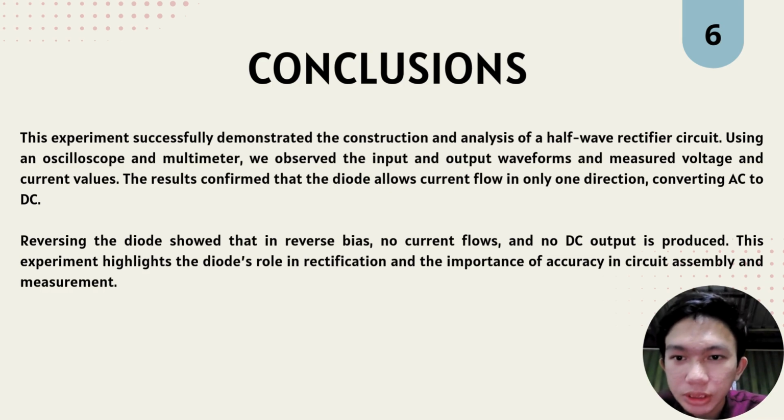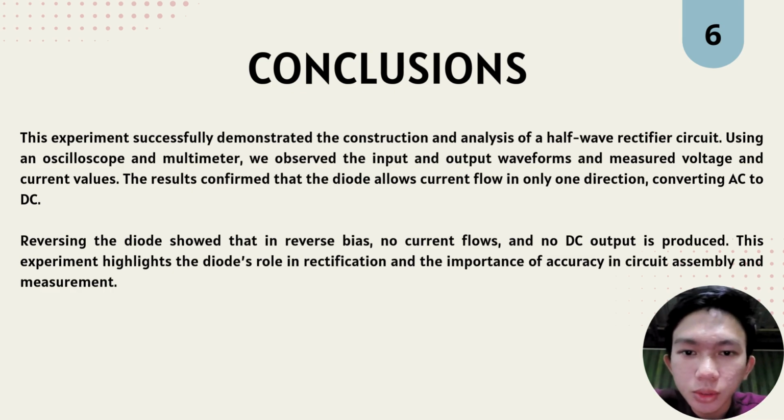So for the conclusion of this practical work, this experiment successfully demonstrates the construction and analysis of a half-wave rectifier circuit using an oscilloscope and multimeter. We observe the input and output waveform and measure voltage and current values.